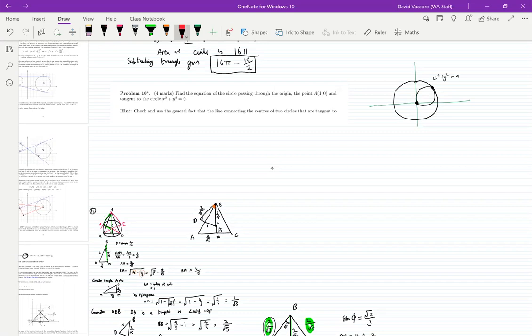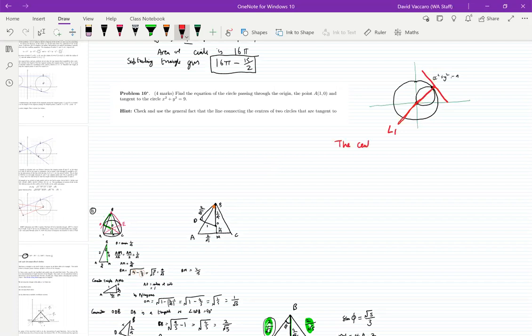Okay, so if I draw a common tangent to the two circles, the center of the smaller circle that I've drawn, so the inner circle, must lie on the line which is perpendicular to that tangent. But that line which is perpendicular to the tangent also goes through the origin. So the center of the small circle must lie on this line L1.